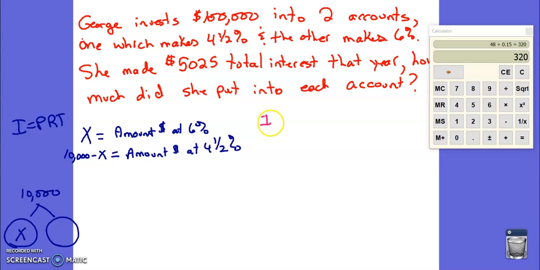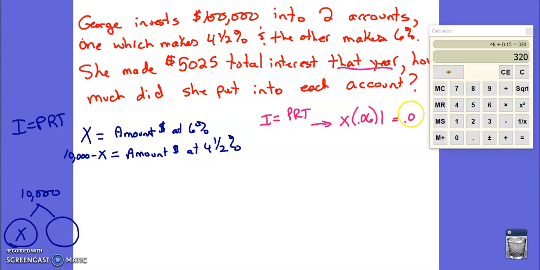Now, following I equals PRT, for this first account, the principal is, again, X times the rate, so 6% as a decimal, 0.06. And again, we're just finding it for that year, so that would be just 1.